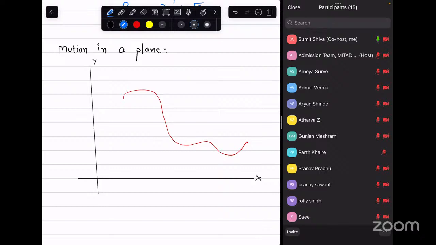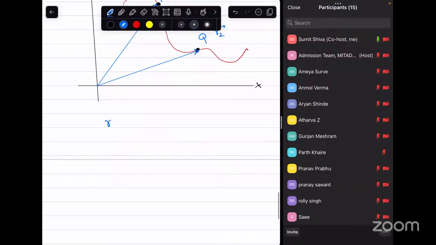Let's say this is the path of the object, and this is the initial position of the object, and this is the final position of the object. If you join this point, this will be the initial position vector of point P. Let me write it as vector R1. And when you join this point, this will be the final position vector of point Q. Let's say point Q has position vector R2.